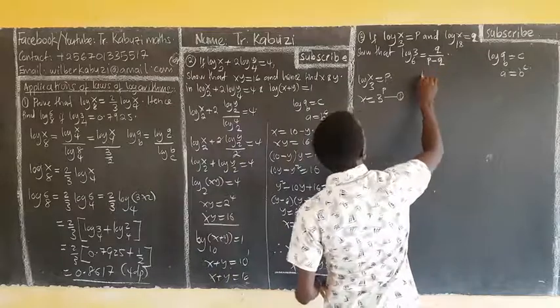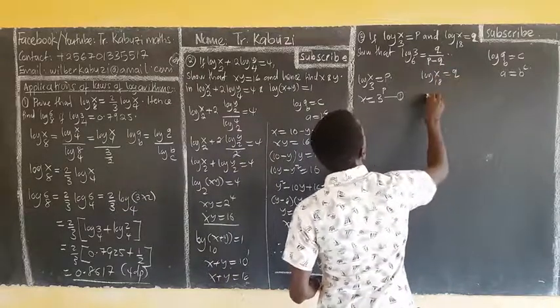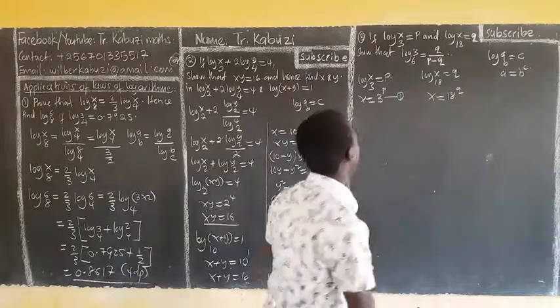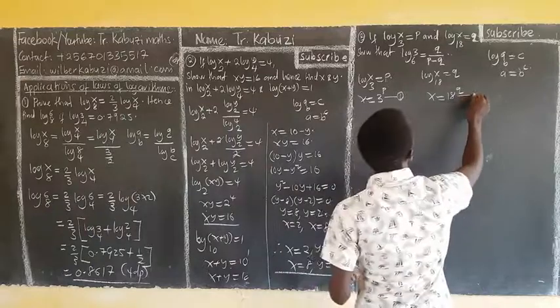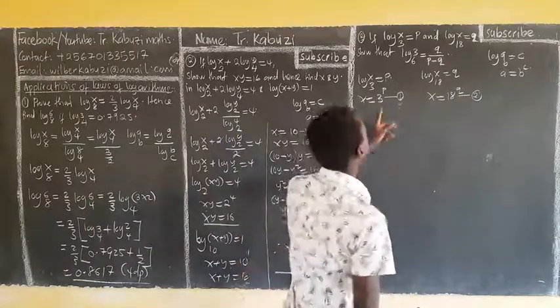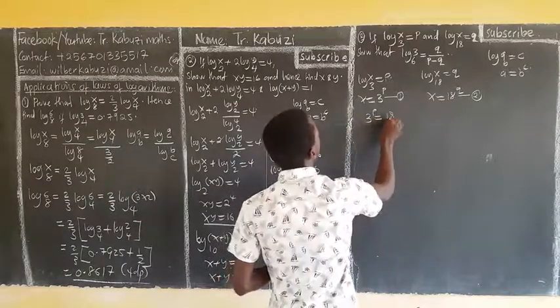If I come to this, this will be the same as x equal to 18 power cube. But now this one is my equation 2, so that x is equal to x, meaning that now my 3 power p is equal to 18 power cube.